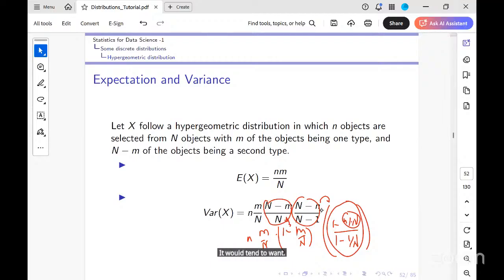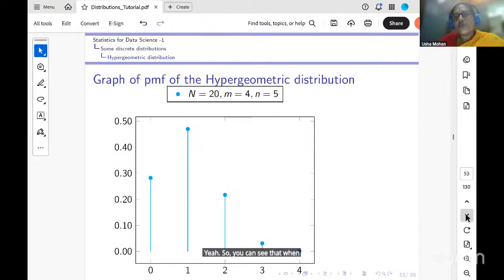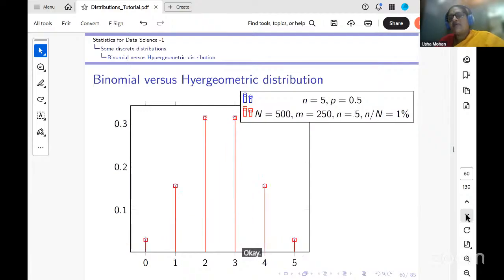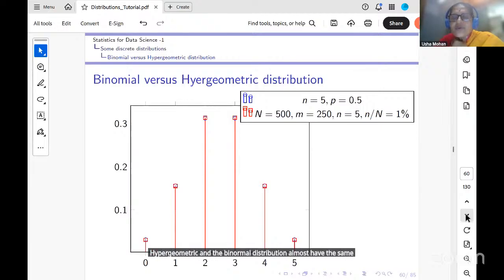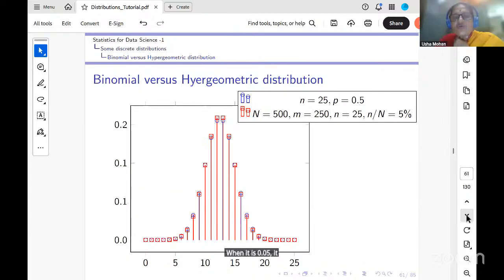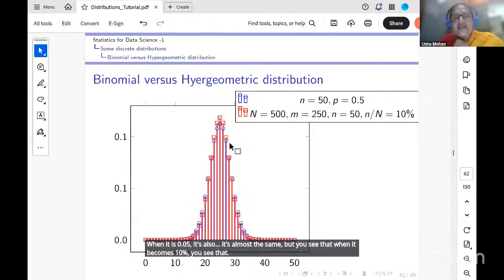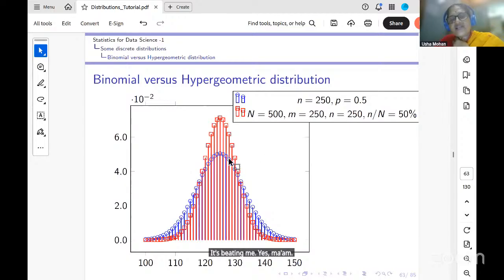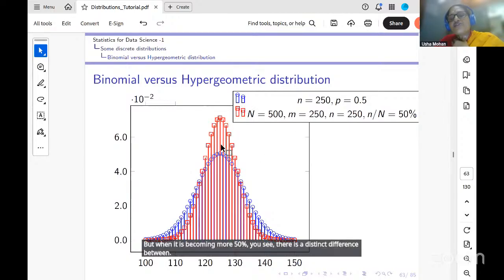So you can see that when this n by N is very small, like 0.1%, the hypergeometric and the binomial distribution almost have the same PMF. Would you agree? Yes, ma'am. When it is 0.05, it's almost the same. But when it becomes 10%, you see that they differ a bit. They are not coinciding, right? But when it becomes more, 50%, you see there is a distinct difference between the hypergeometric and the binomial.